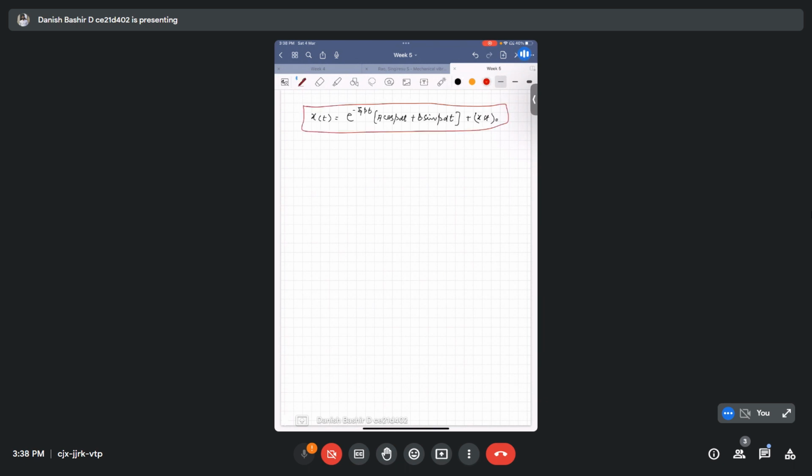If we do the same thing, the initial conditions for my system are like this: initial displacement of the system is 0, and initial velocity of the system is 0. If I put these conditions into this equation, I will get the values of a and b.